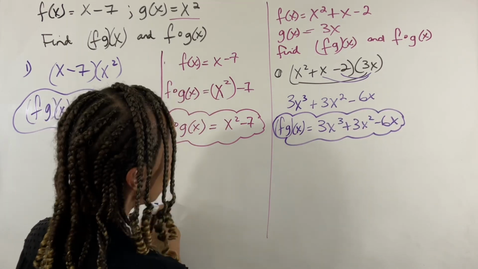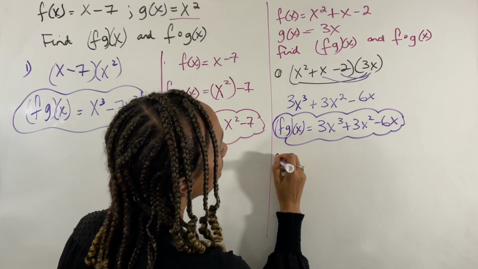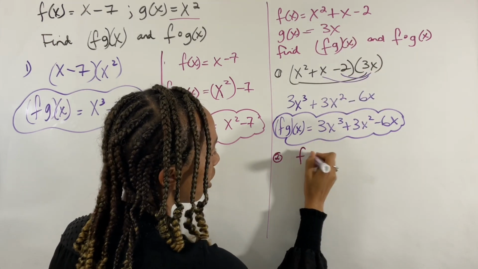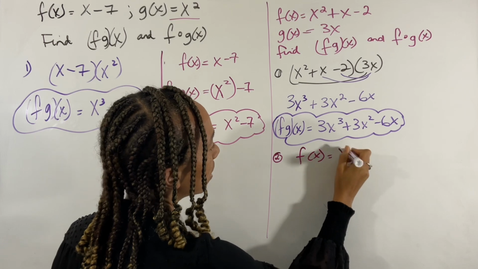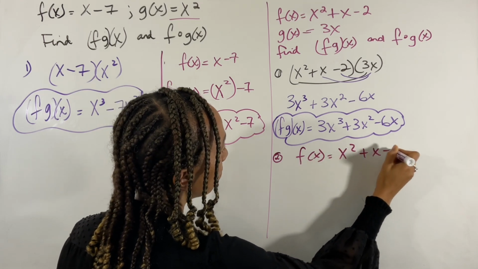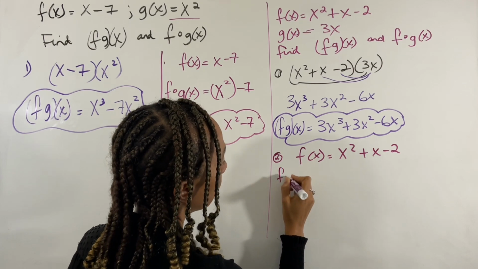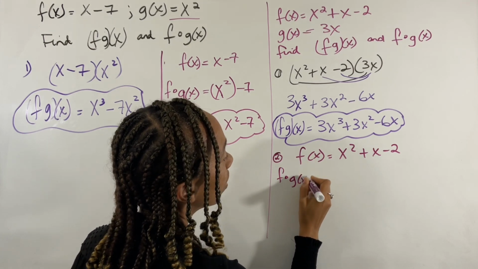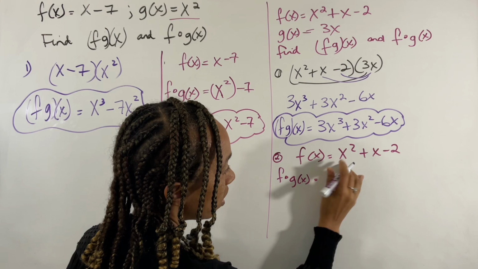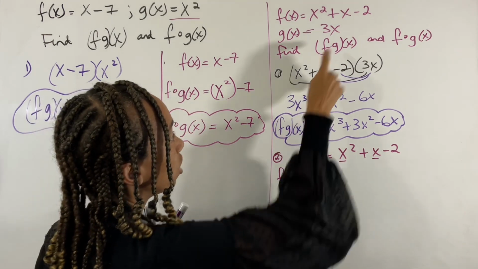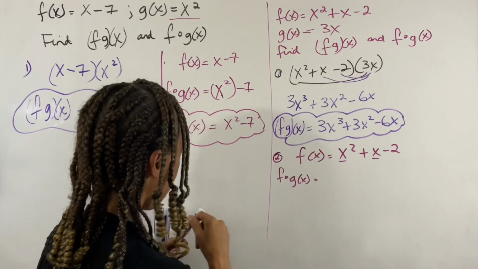For number 2, you're going to find the composition now. So I always tell my students, write your f of x first, which is x squared plus x minus 2. Now, you're going to put it together. So, wherever you see x, you're going to replace it with g of x, which is 3x.